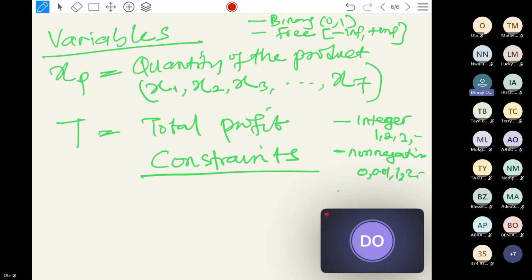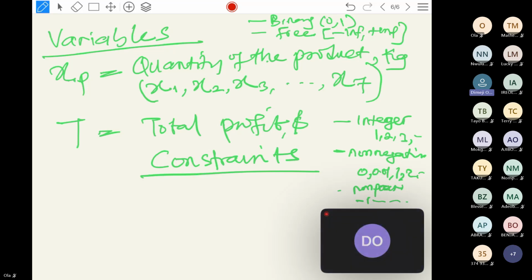And we have non-positive, which is in the negative. So for example, now this XP, which is the quantity of the product, it's in kg, while this one is in dollars.